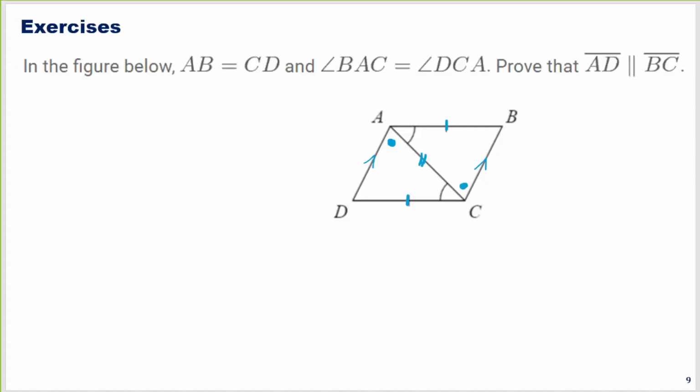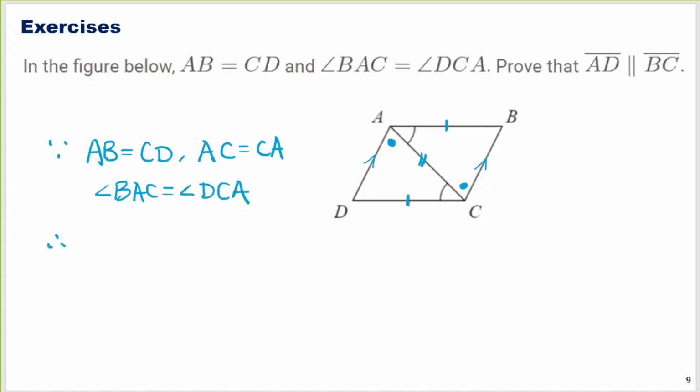So how do you write that? To write that in mathematical language, you need to do it like this. First of all, because AB equals CD, AC equals CA, and angle BAC equals angle DCA, we have triangle ABC is congruent with triangle CDA, right? Usually you'll put the theorem you're using to prove these two triangles are congruent.